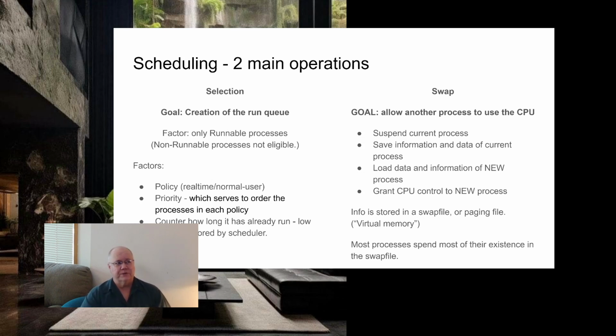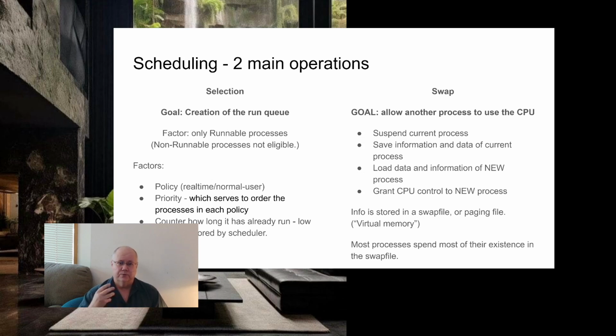So the scheduler looks at policy, at priority. There's a counter on each process that determines how long it's already run. So if it hasn't had much CPU time on that counter, it may select that process because it needs more time to run.